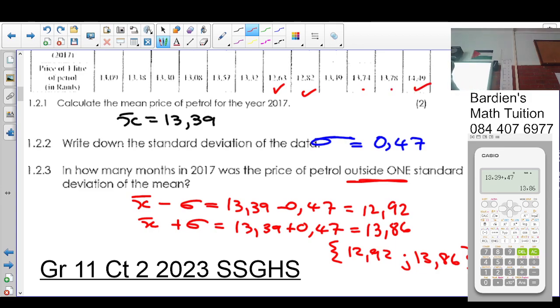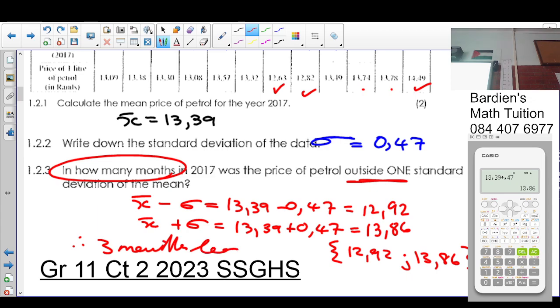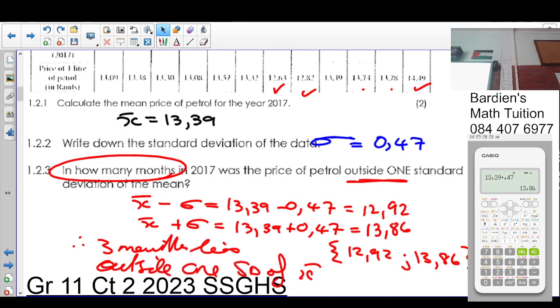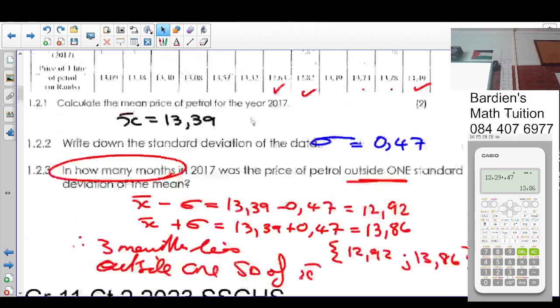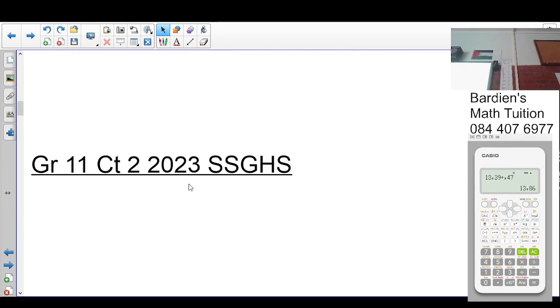So how many months? 3 months lie outside one standard deviation of the mean. Okay, you guys understand? Then it asks what percent lies outside one standard deviation of the mean. You would have seen 3 divided by 12 times 100. It's frustrating working with things like this. Sorry about that.